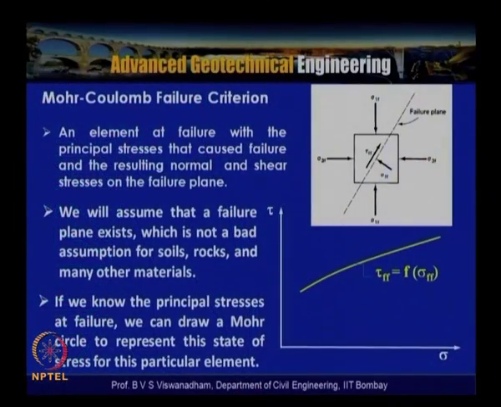So in this slide, what we have shown is that according to Mohr's hypothesis, the envelope is nonlinear, which indicates tau ff is equal to a function of sigma ff, as shown here, and this is the failure plane, which is assumed to exist for soils, rocks and many other materials.